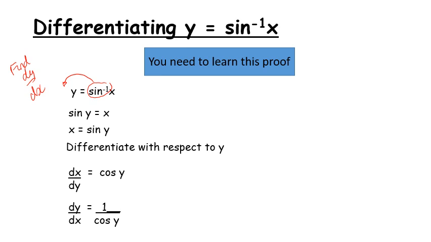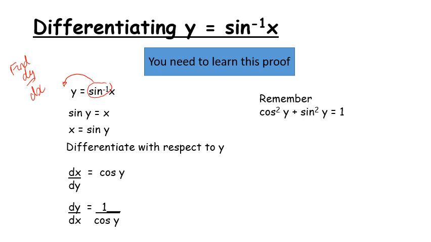The problem that we've got now is that this is written in terms of y, and we don't really want our answer in terms of y, we want our answer in terms of x. So we've now got to find a way of replacing this bit on the bottom with something to do with x. There's a little trick with this. Remember that cos squared plus sine squared always equals 1.